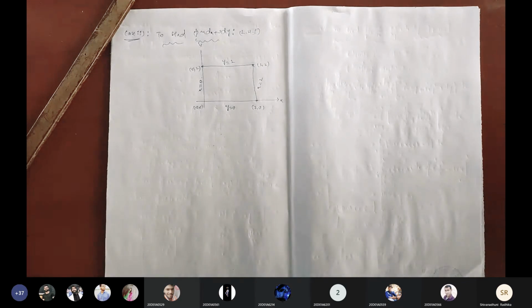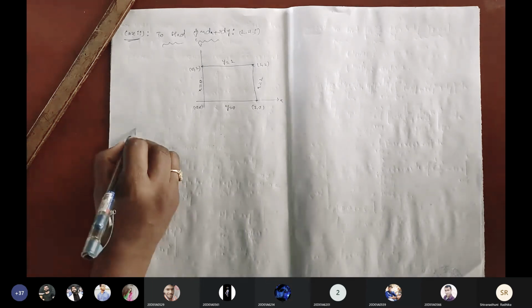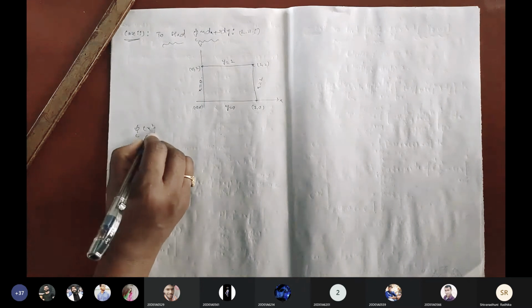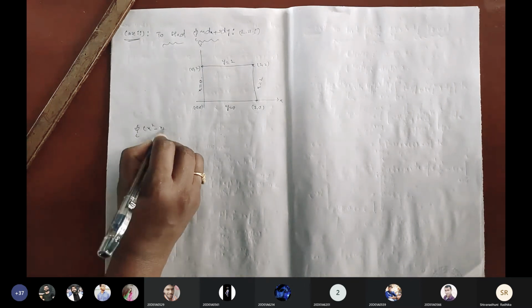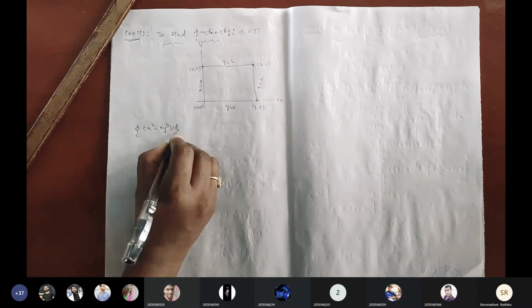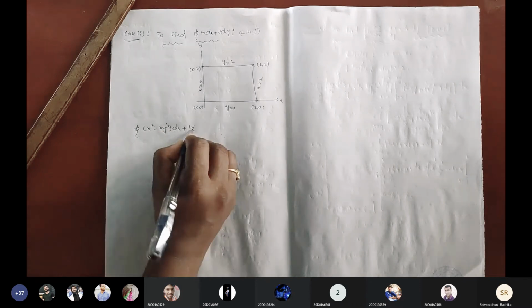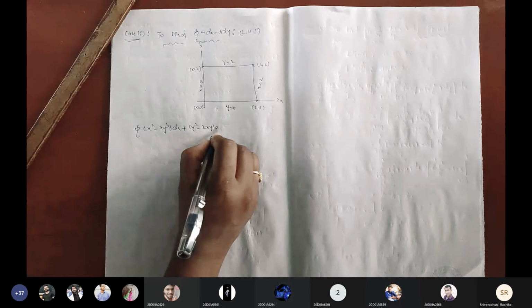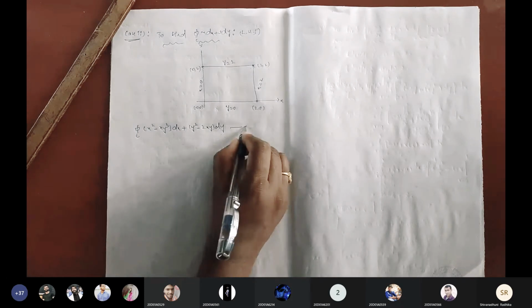Now see here. First of all, what is the given curve? The line integral over curve C of x square minus x cubed dx plus y square minus 2xy dy is given.